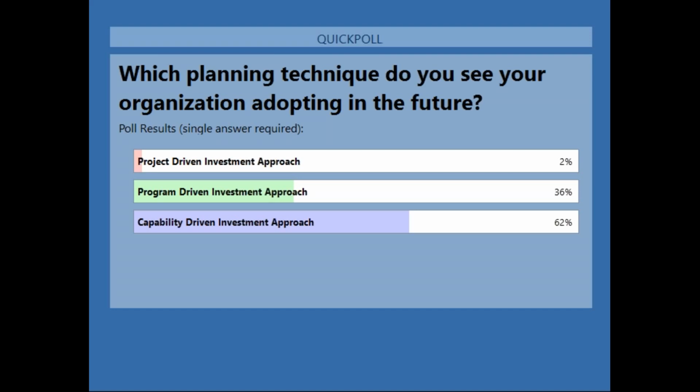That is pretty much what I'm seeing day in, day out when we speak to different organizations. I would say the capability-driven investment approach is normally a little higher. Around 80% of organizations I speak with are starting to drive that model, but are a few years off having that fully driven out across the organization. Okay.